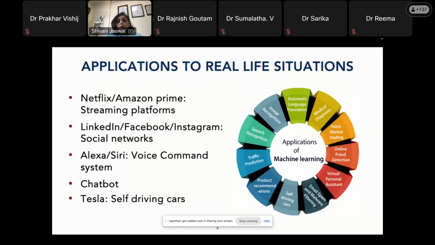Again, depending on what we are viewing on these sites, you will get recommendations. They are all AI based recommendations. Even voice command systems like Alexa and Siri interact with you and respond to whatever instructions and commands you give. You can set your alarm, call somebody, play a particular song. They are all AI based applications.